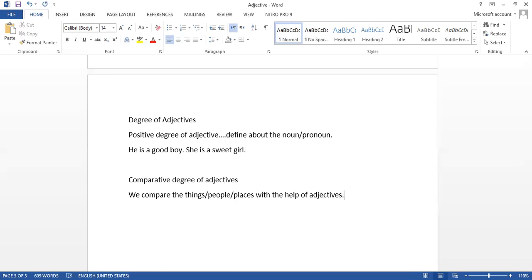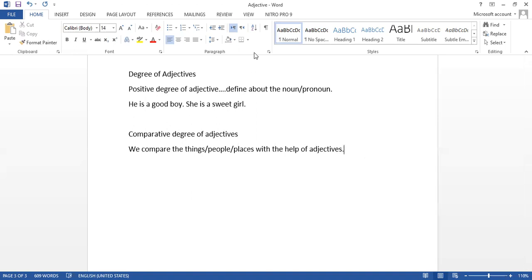To compare means to find out the differences among things, people, and places. When you find out the differences, he's like this, he's not like this. This is called comparison. Now, how can we do comparison in adjectives? Very easy. Let's get started. First of all, you are supposed to understand the syllable. Now, what is a syllable to you?